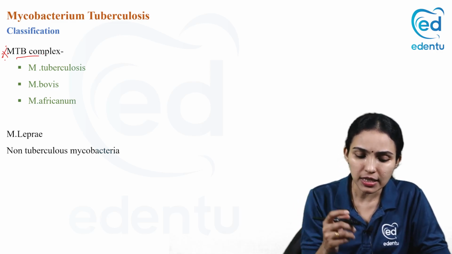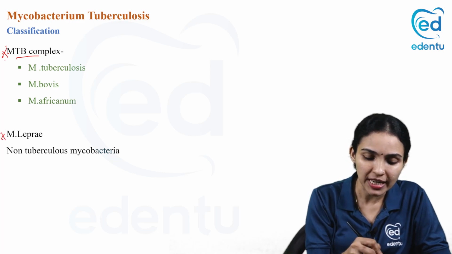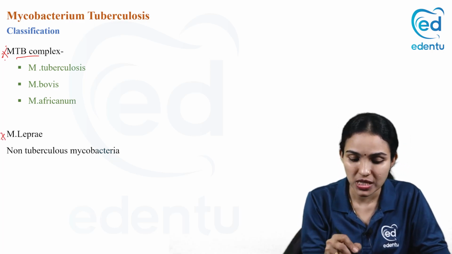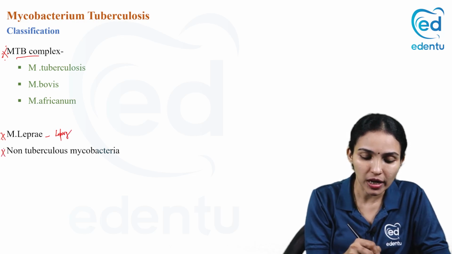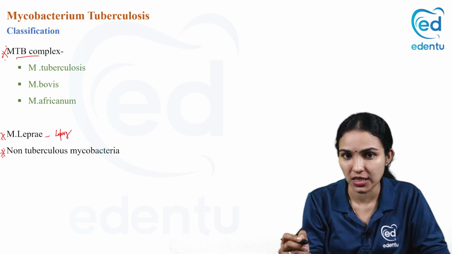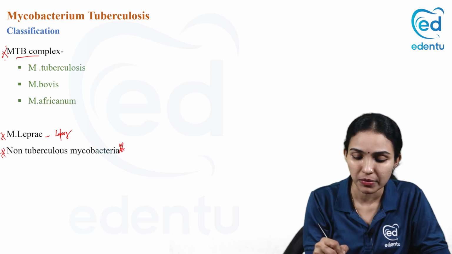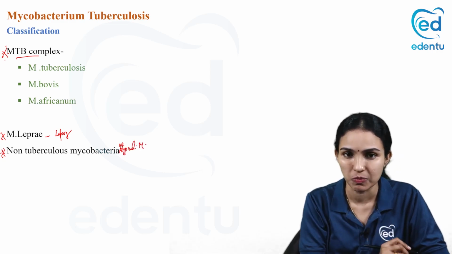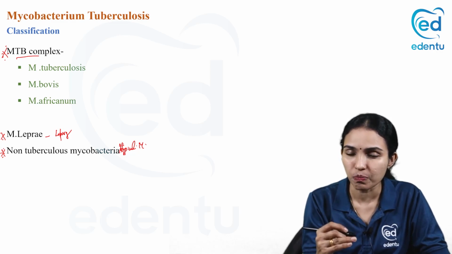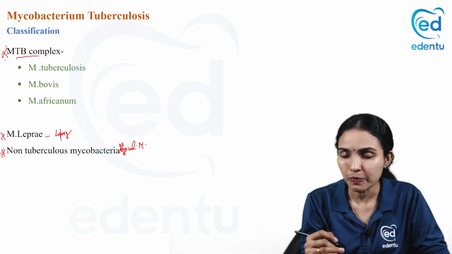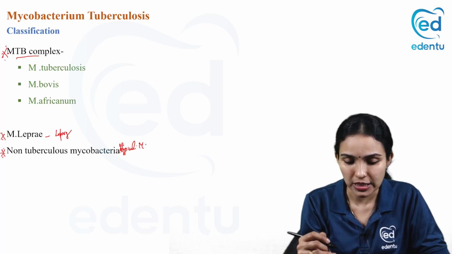The other group is Mycobacterium leprae, which causes leprosy. And then you have the non-tuberculous mycobacteria, also called atypical mycobacteria. So this is the basic classification: MTB complex, Mycobacterium leprae, and the non-tuberculous mycobacteria.